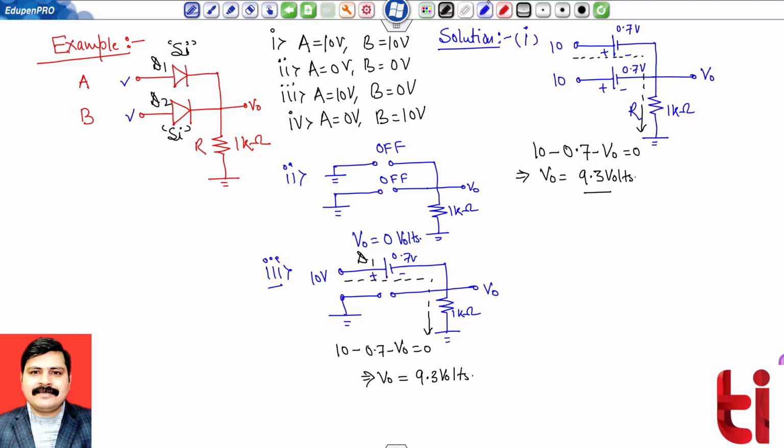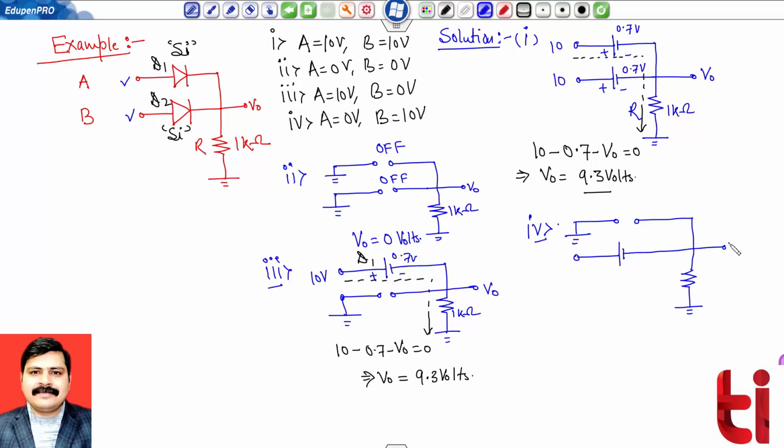Consider the last case now. In the last case, what you can observe, A is 0, B is 10 volt. That means now D1 will be off and D2 will be on. As this terminal is connected to ground, the first diode will be off and the second one will be conducting.